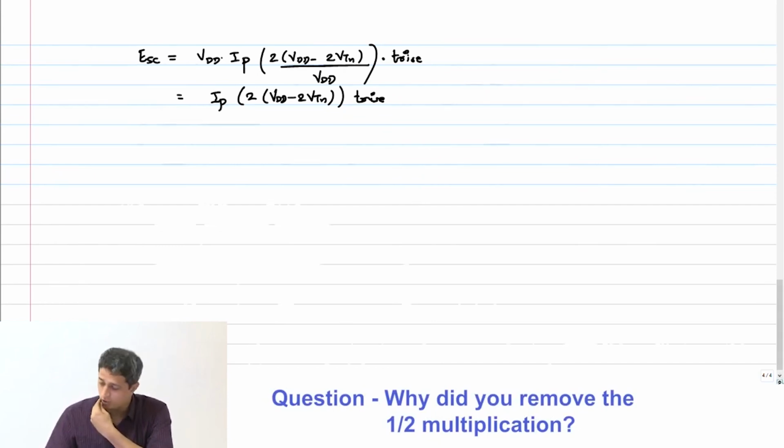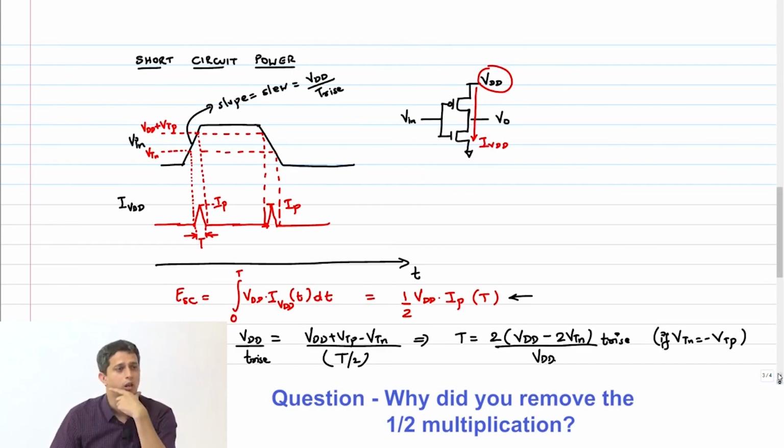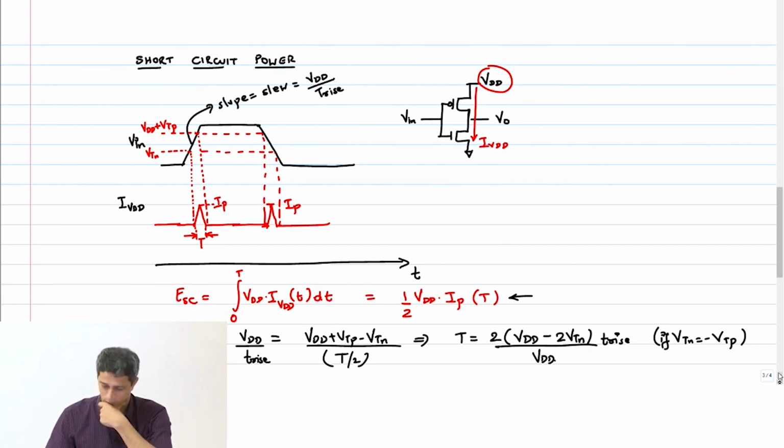No, I thought we removed the half because this is for rise and fall. See, this was basically the half base height of here, right, in this region. What about this region? So when it rises and falls, the charge discharge cycle is what I am asking for.